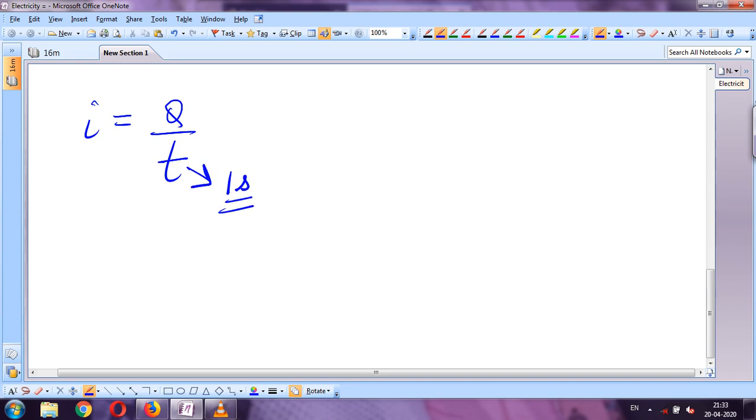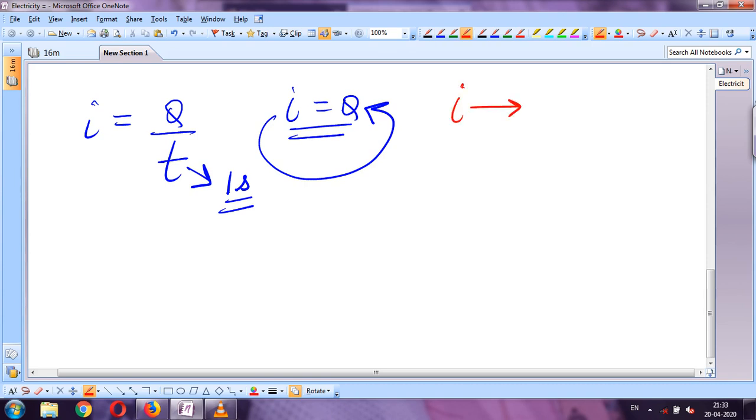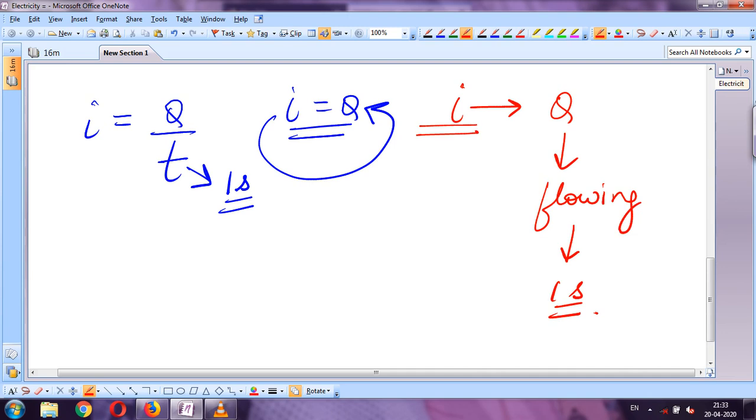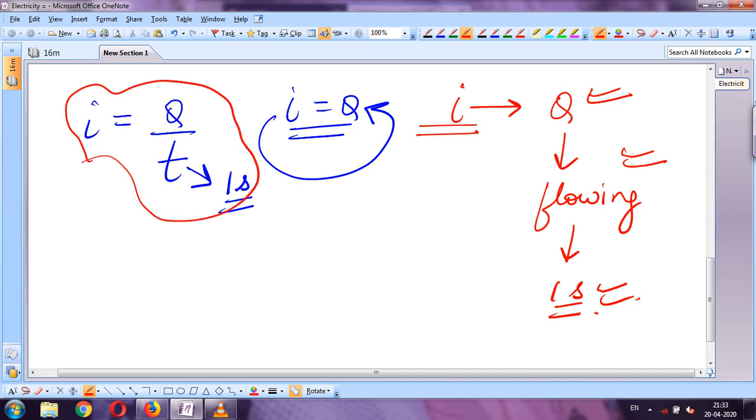Suppose time is equal to 1 second, then electric current will be equal to Q. That means we can define electric current in terms of charge: electric current is the electric charge flowing through a conductor in 1 second. This is the way to define it.